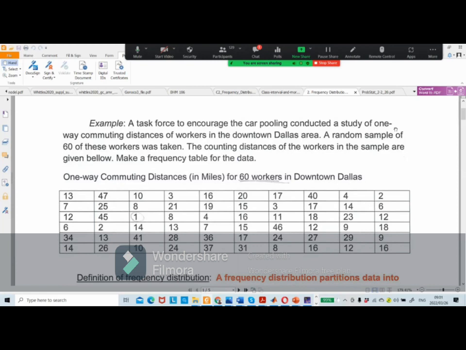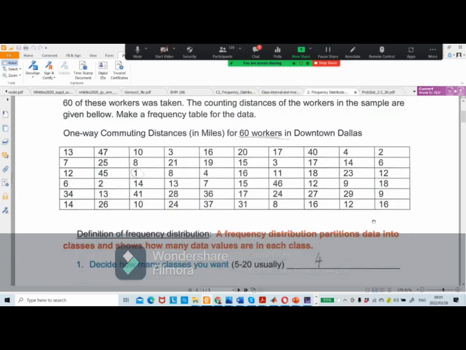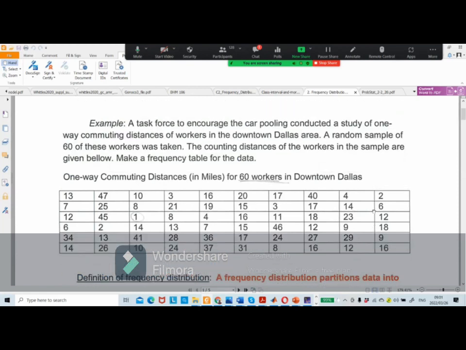Now that we have the table, let's first of all know how many classes we want in this case. What is the highest value and what is the lowest value? Let somebody tell us.